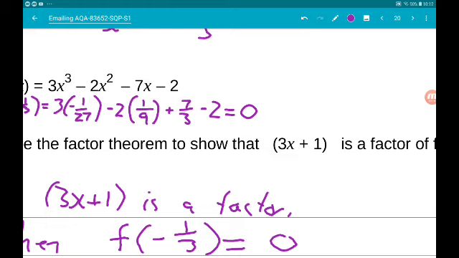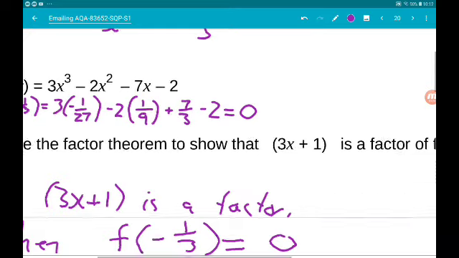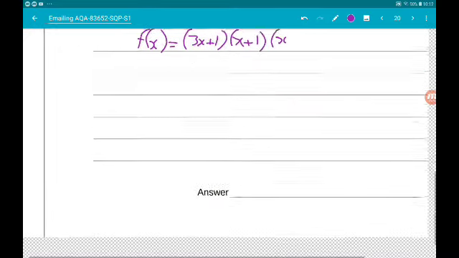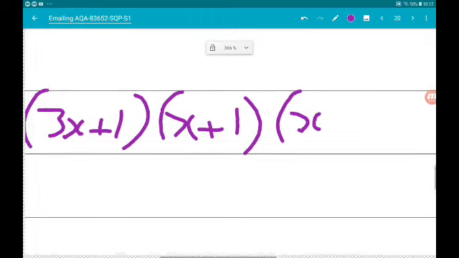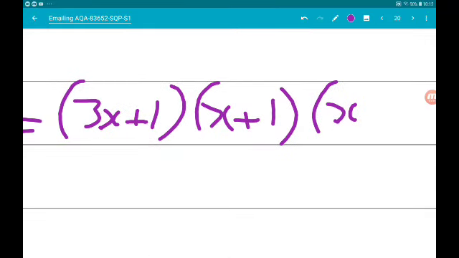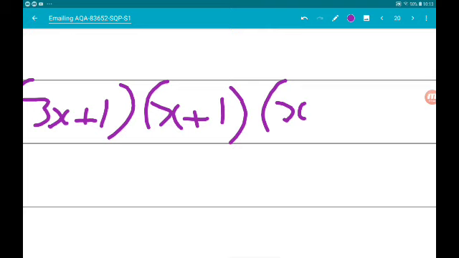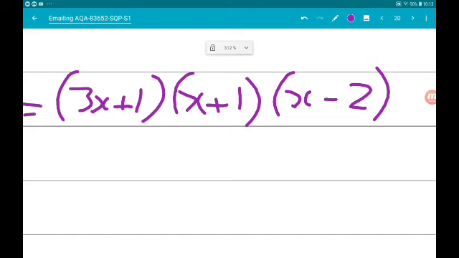That number comes from multiplying the 3 numbers at the end of each bracket together. So at the moment we got 1 times 1, which is 1. We need 3 numbers to multiply together to minus 2. So the final bracket is going to have to be x minus 2. So then 1 times minus 2 is minus 2. Cool.